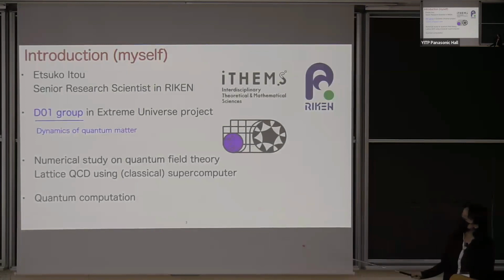And very recently, I started working on quantum computation. So in this talk, I'd like to talk about what dynamics I want to understand and why I am excited about quantum computation recently.